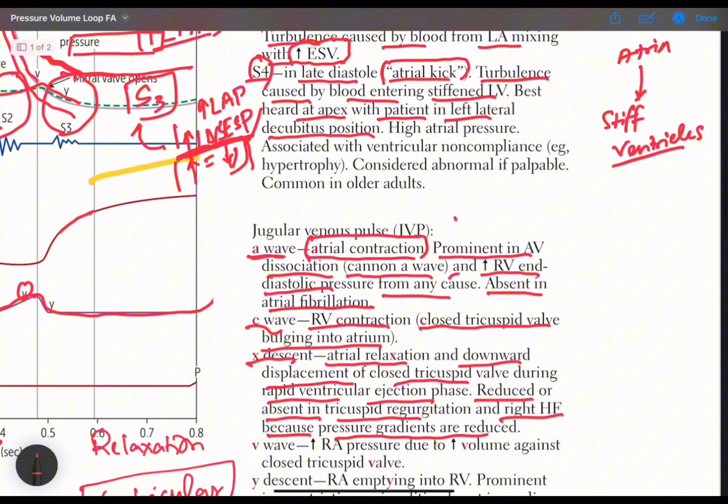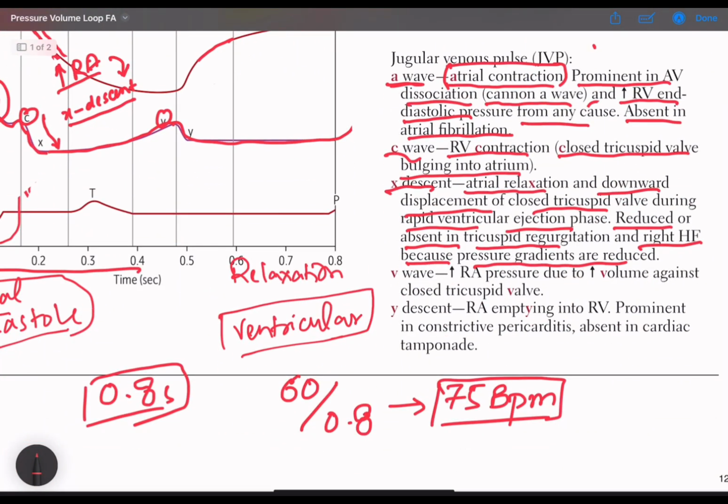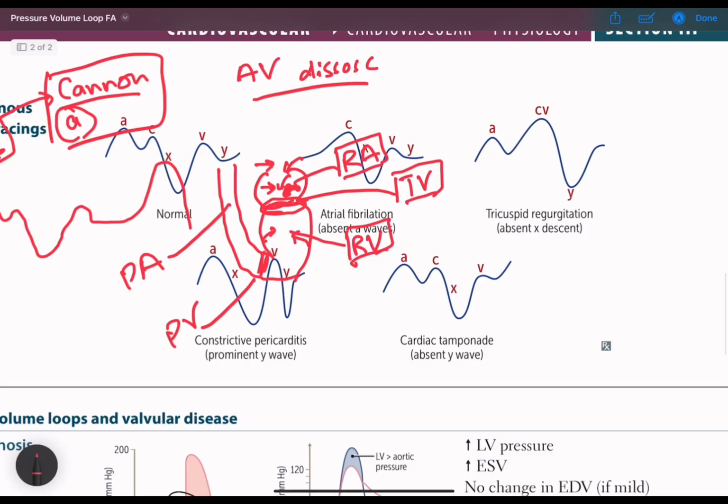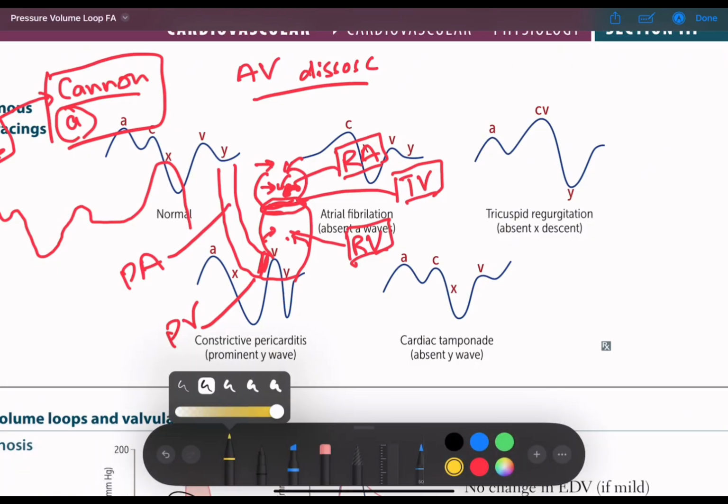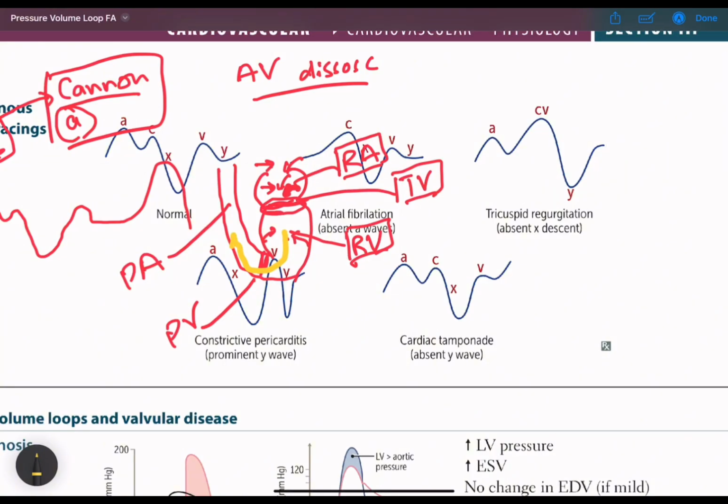So we won't have X descent. So what are the conditions? In tricuspid regurgitation, when right ventricle contracts, the blood moves from right ventricle into pulmonary artery, but some blood leaks back into right atrium. So instead of normal X descent, we have absent or decreased descent.